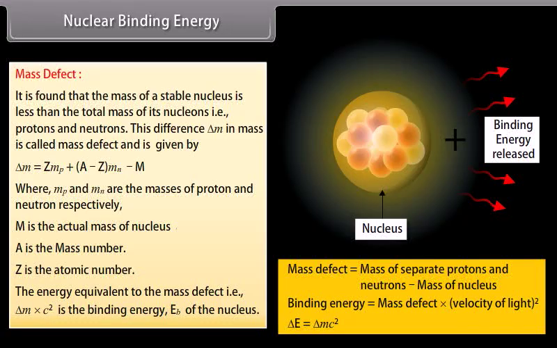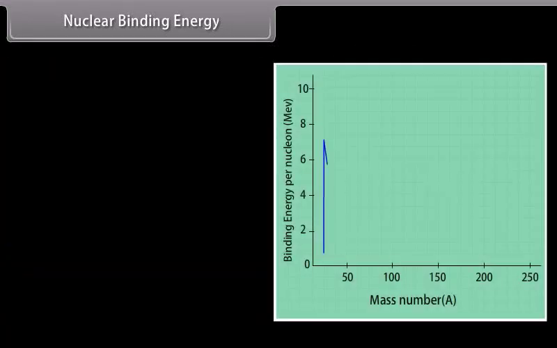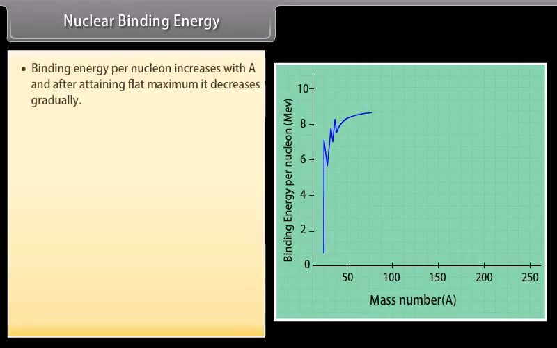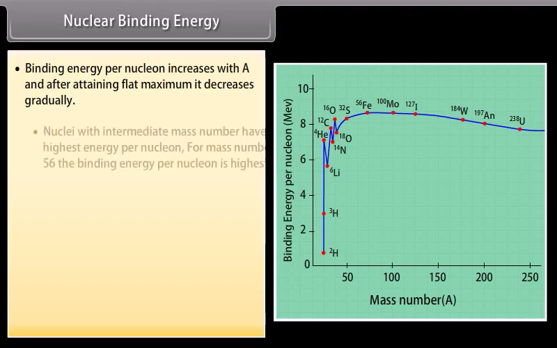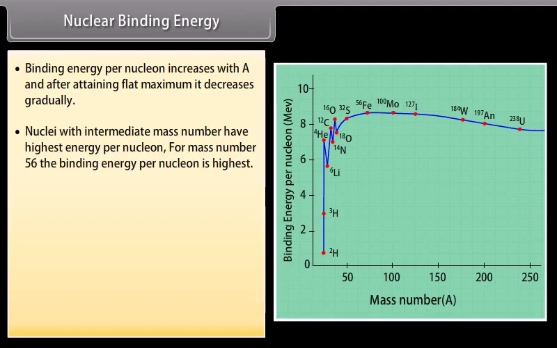From the graph, we note that binding energy per nucleon increases with A, and after attaining a flat maximum, it decreases gradually. Nuclei with intermediate mass number have highest energy per nucleon. For mass number 56, the binding energy per nucleon is highest.